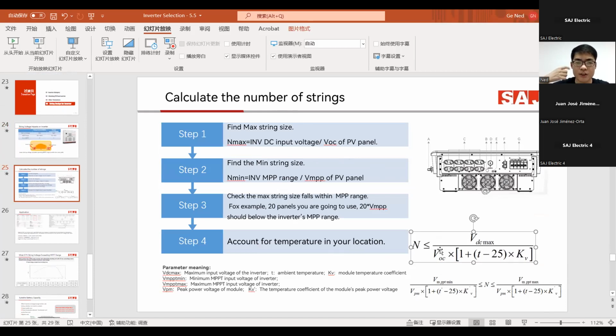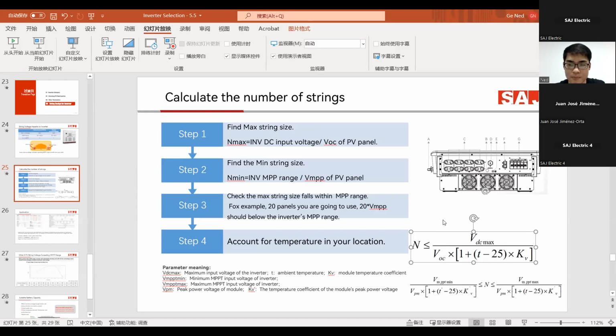If you connect the PV panels to the inverter and the inverter does not work, you can measure the open circuit voltage, and this is the value. For example, for the three-phase inverter we commonly use, the VDC max for the inverter is about 1,100 volts. But you can use this data to make the calculation.